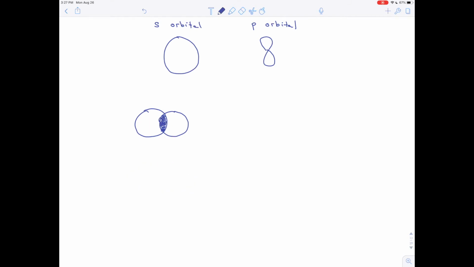That overlap is what the bond is. And so this is going to be a bond. And if you get this overlap without any interruption, notice the overlap isn't interrupted in any place. Overlap without any interruption is called a sigma bond. The Greek letter sigma, which looks something like that. So that is overlap between orbitals without any interruption.